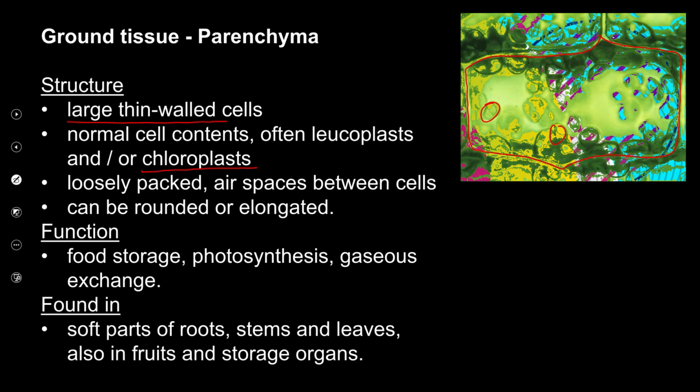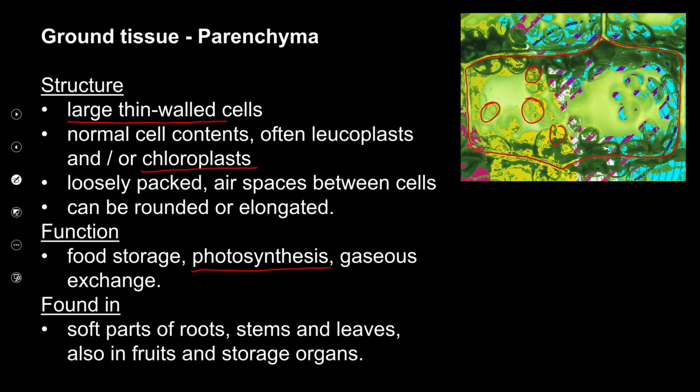Then they are generally loosely packed because there is usually some space between them. Now, if we look at this one, what do you think the function of this particular cell is? It's got lots and lots of green things, so obviously its function would be photosynthesis.